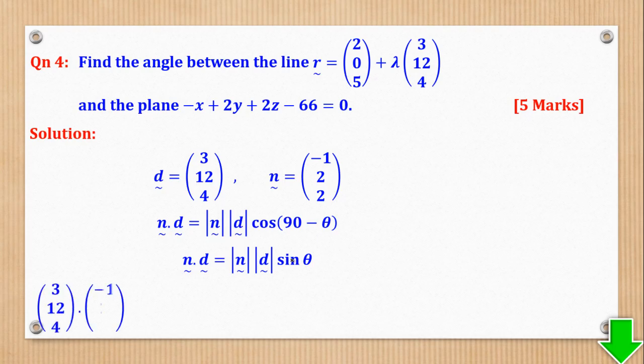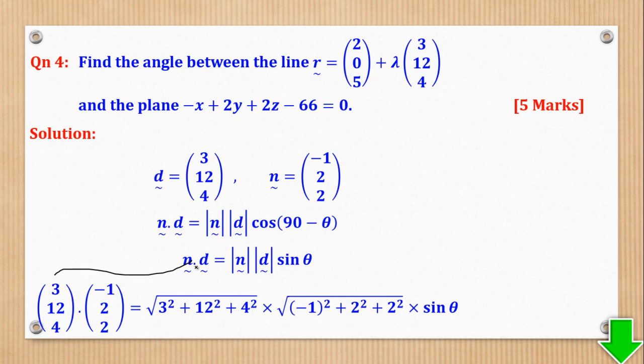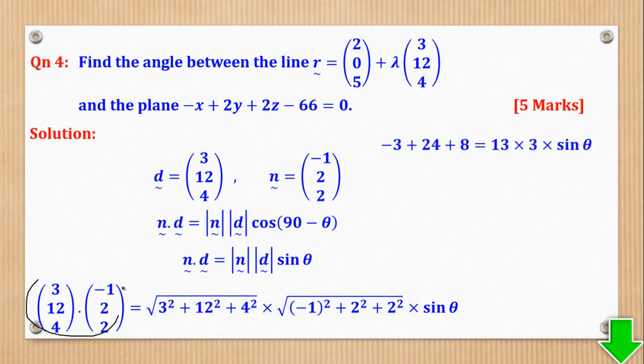Then you can substitute for n, for d, magnitude of n, magnitude of d. Then simplify. Dotting this gives this times this is -3, this times this is 24, this times this is 8.